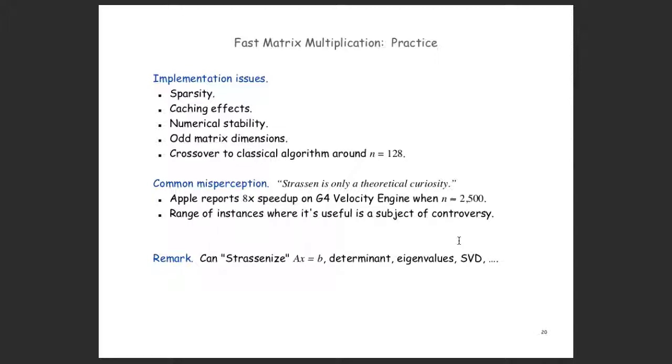This will vary a lot, but around n equals 128, Strassen's algorithm would work. It depends. There is one paper that they cite, with n of 2500, you get an 8 times speedup, which is actually reasonably useful.